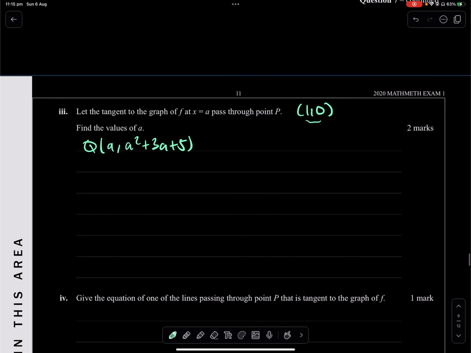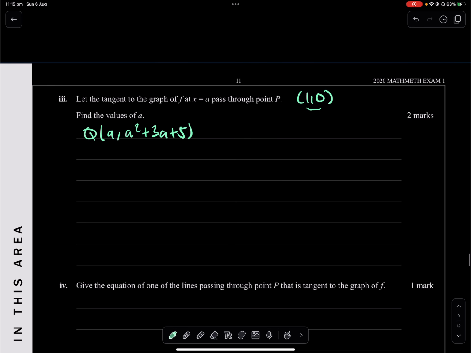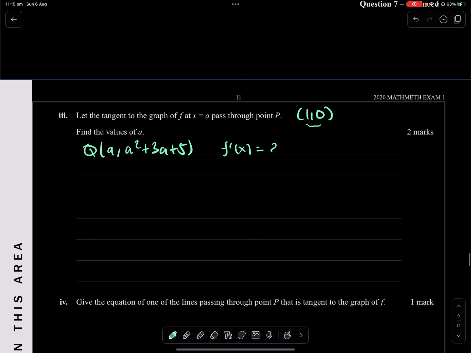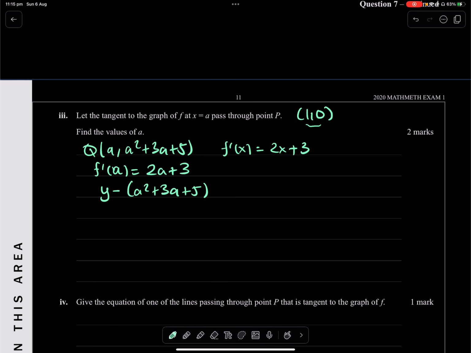And it means that f dash of x is 2x plus 3. So f dash of a is 2a plus 3. So y minus (a squared plus 3a plus 5) is equal to (2a plus 3)(x minus a).